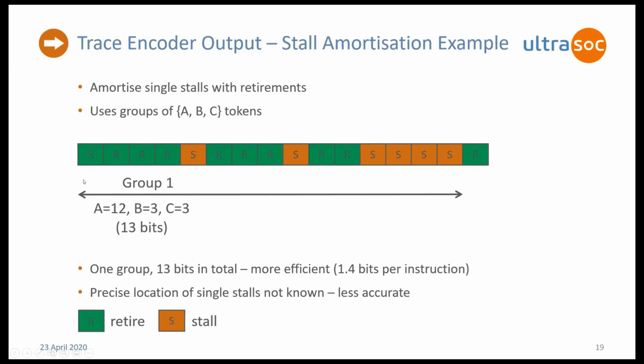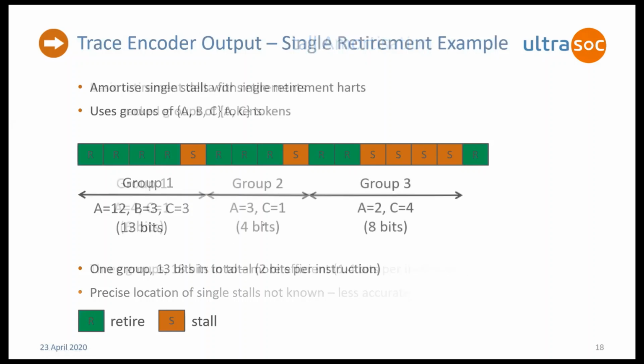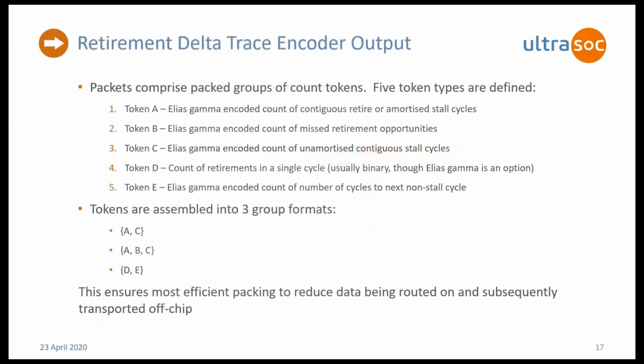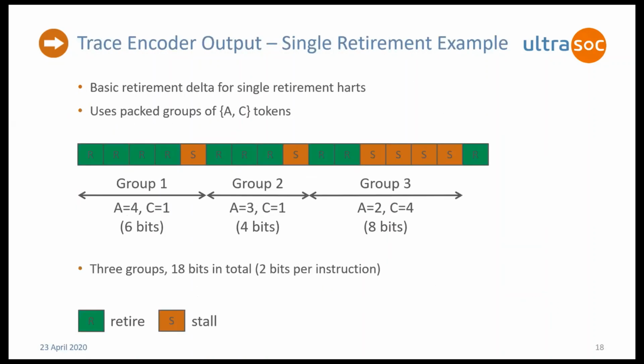The way the tokens are calculated, we needed 13 bits in total. So I think that there are 12 cycles altogether. Token B says how many missed retirement opportunities there are altogether.